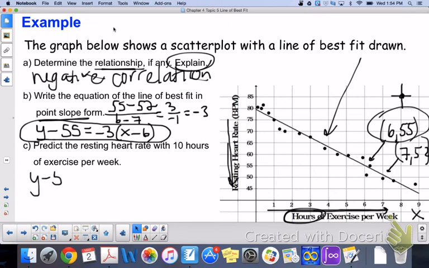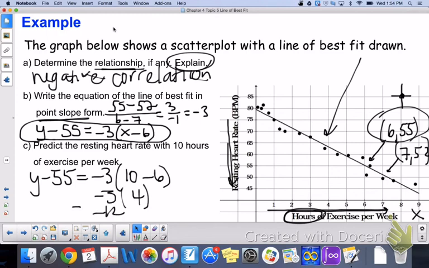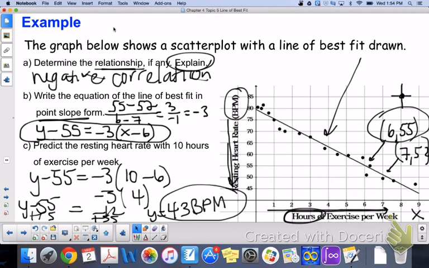So I have y minus 55 equals negative 3 times 10 minus 6. 10 minus 6 is 4, times negative 3 is negative 12, and then I add 55, so that ends up being 43. In our units, that is a resting heart rate of 43 beats per minute. Okay, that's it. Go ahead and do the next few tries, and we'll pick up in class tomorrow.